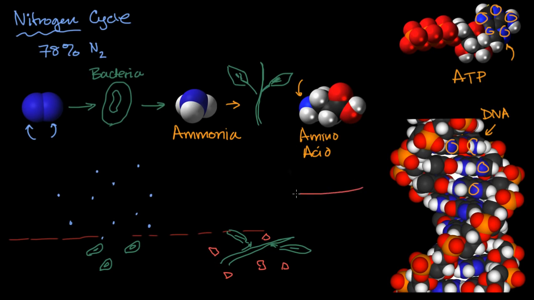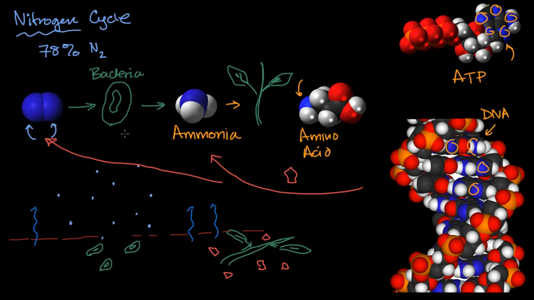So we could go back. So we could have bacteria that take us back to ammonia, or eventually by converting the nitrogen into nitrites and nitrates, we could go back to that molecular nitrogen, that N2, that then gets released back into the atmosphere. Or it could get stored in other ways as well.